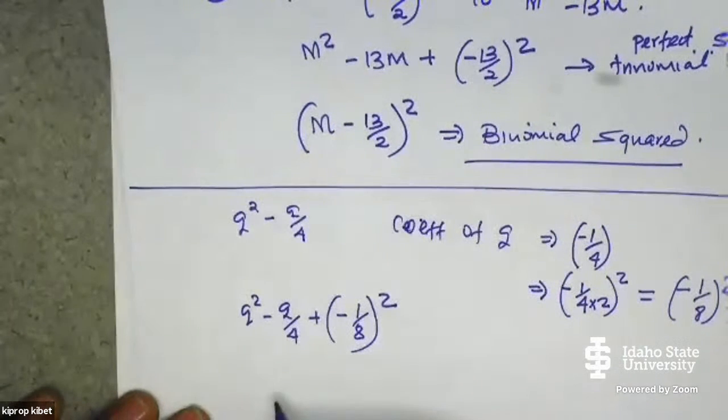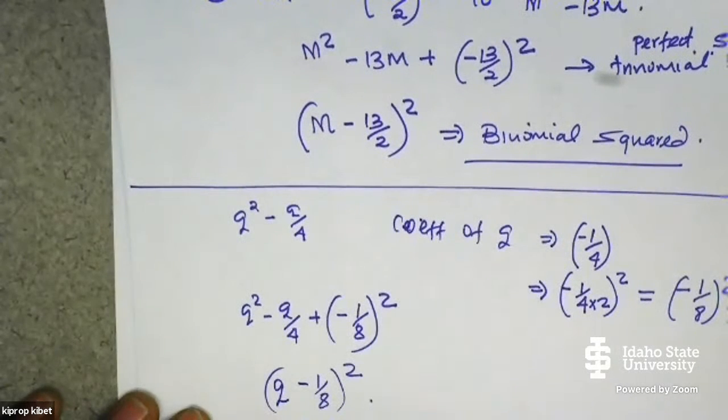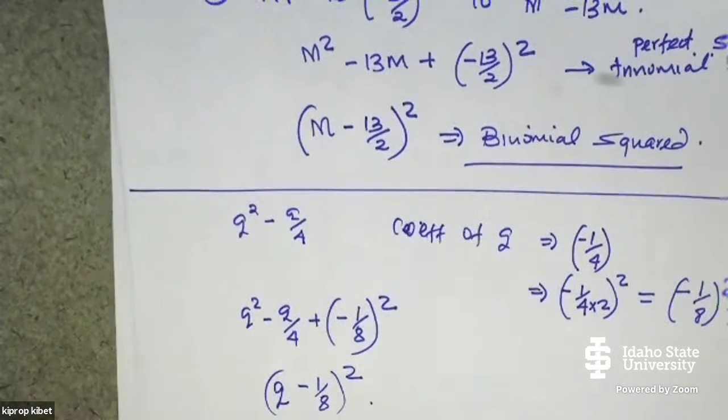And this will be what? q minus 1/8, squared. And that is it.